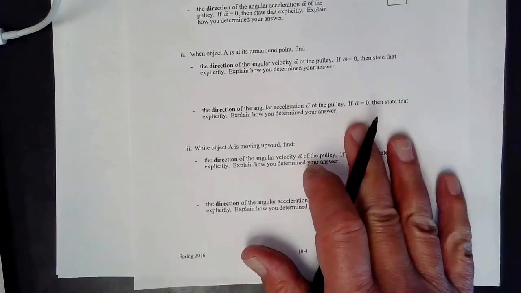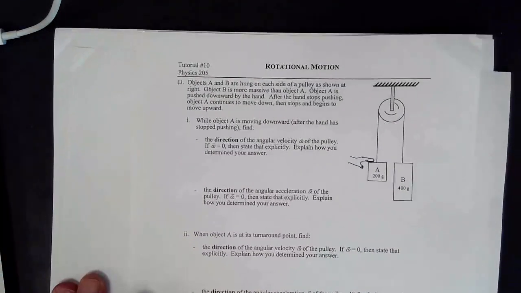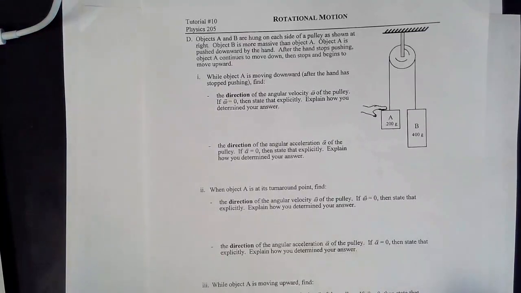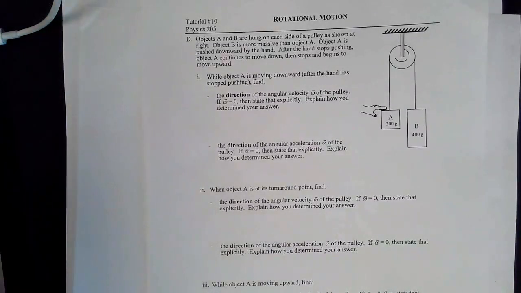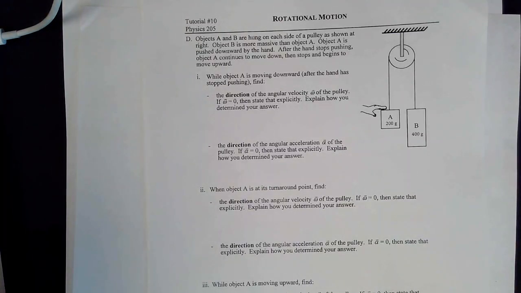Now the last page of this tutorial is an old exam question. And it involves an Atwood's machine, we call it, but it's just two masses, A and B, that are connected by a massless string, and they're hanging on different sides of a pulley.